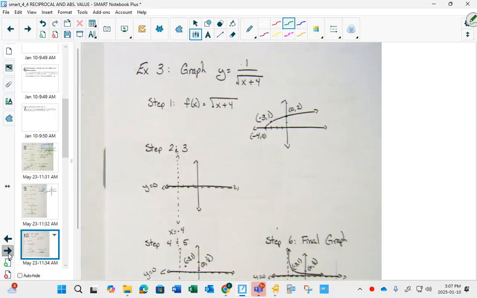So if you were asked to graph 1 over the square root of x plus 4, well, first you could graph the square root of x plus 4 by taking the square root graph and moving it 4 to the left with transformations. Next, do we have any x-intercepts? Yes, we do.